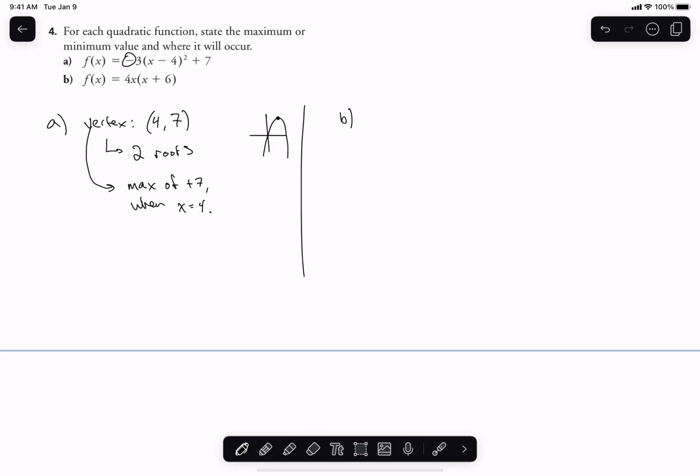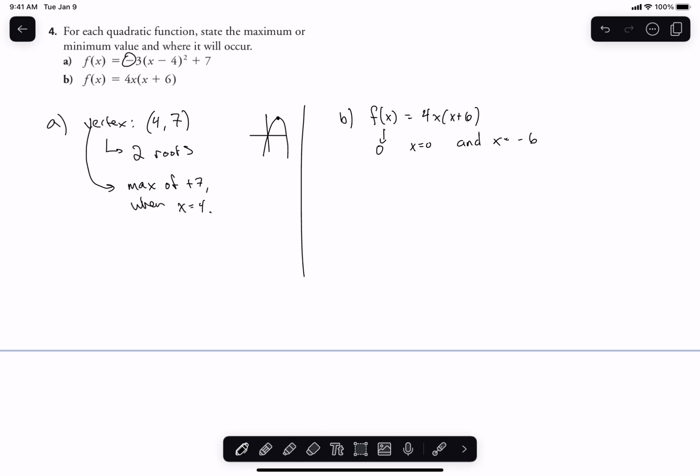Question B looks a little bit different. It's actually written in factored form. So I know here x is going to equal 0 and x is going to equal negative 6 for the roots, right? This is when y is equal to 0.